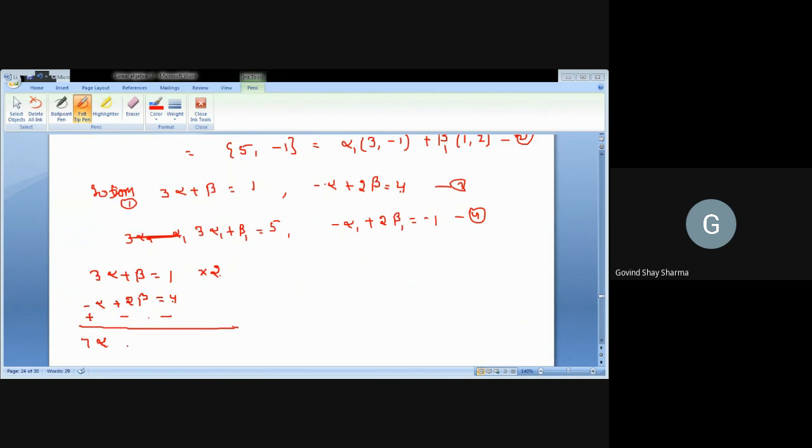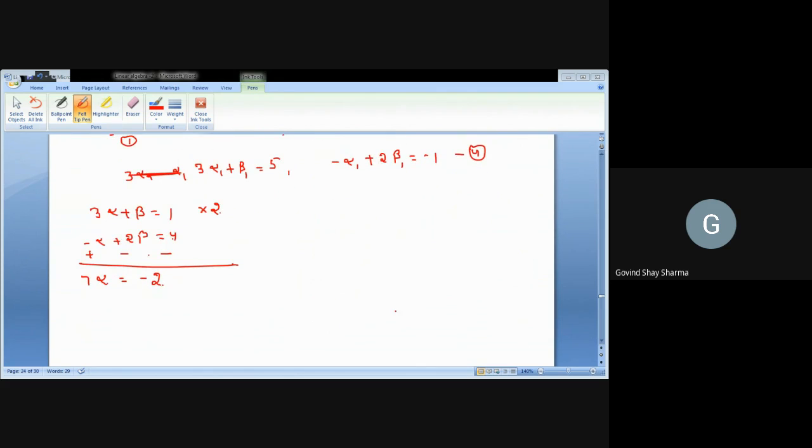So alpha is equal to minus 2 by 7. Now for the value of beta, we put the value in this equation: minus 2 by 7 plus 2 beta is equal to 4.